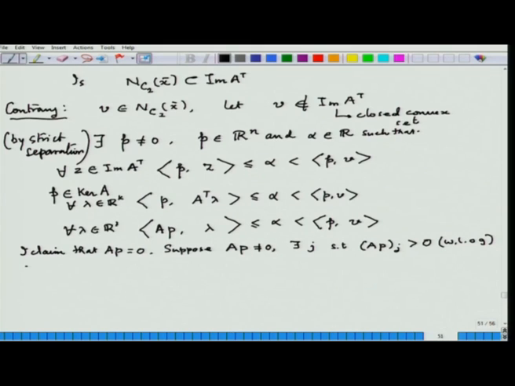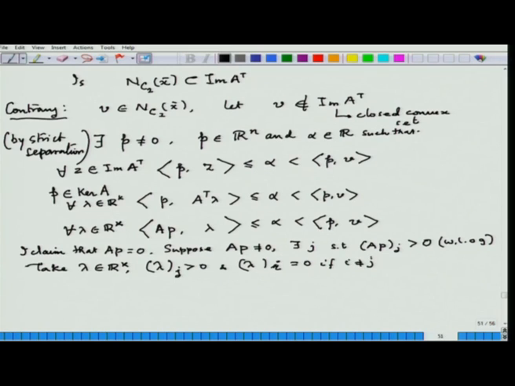Since it is true for all lambda in R k, take lambda in R k such that the jth component of lambda is positive and every other component, lambda i, is equal to 0 if i is not equal to j.